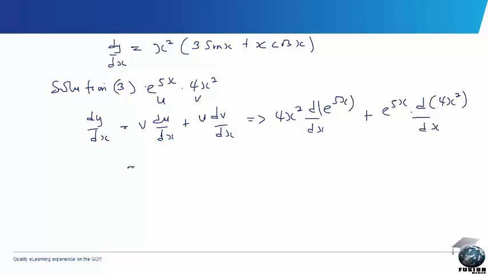Alright, so in the next slide we have 4x squared differentiating exponential 5x. We'll have to do that in the next page if you want to find dy dx of exponential 5x.